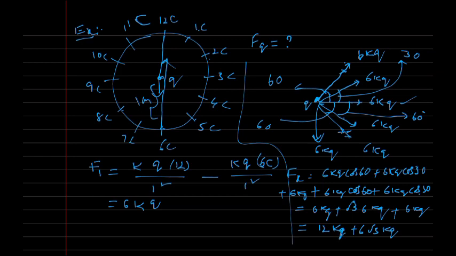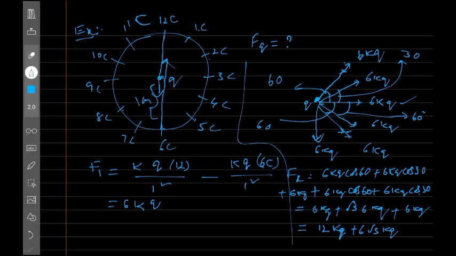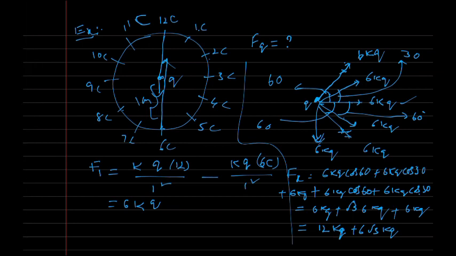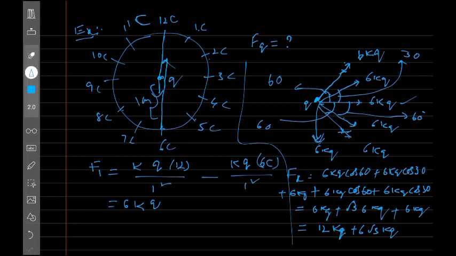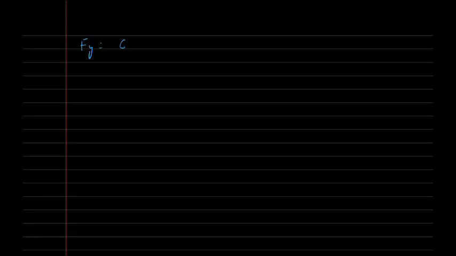Now coming to the vertical component. If you clearly observe, there is only one vertical component, that is 6kq. So the vertical component Fy is equal to 6kq. Now what is the force on Q?